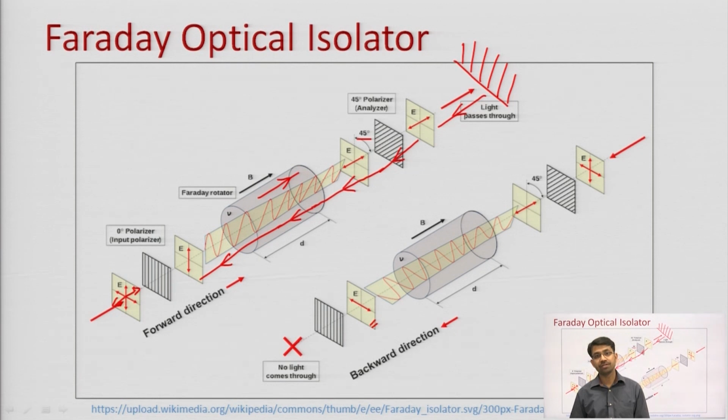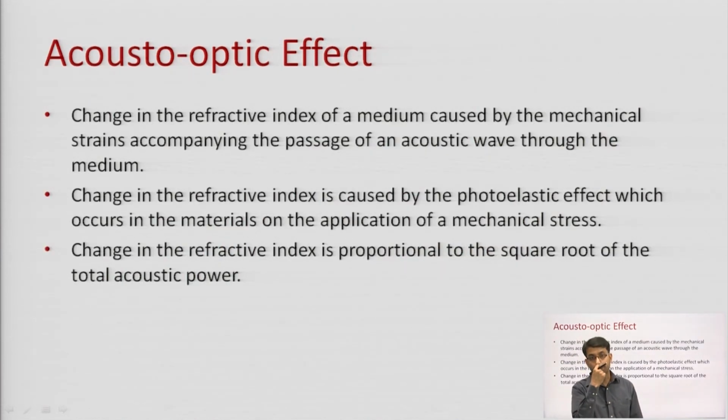Next and last is the Acousto-optic effect. Now, we have seen that the refractive index changes when we apply an electric field, and it also changes when we apply a magnetic field. The same thing happens if we apply a mechanical strain wave, or a sound wave, that is, an acoustic signal.